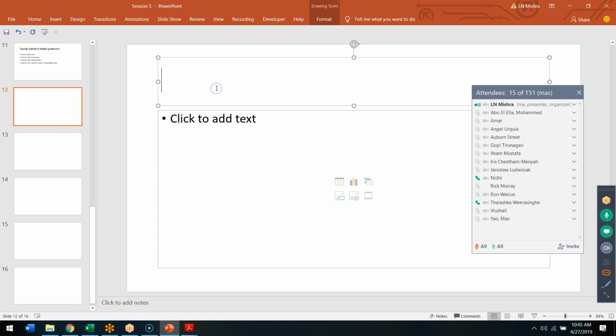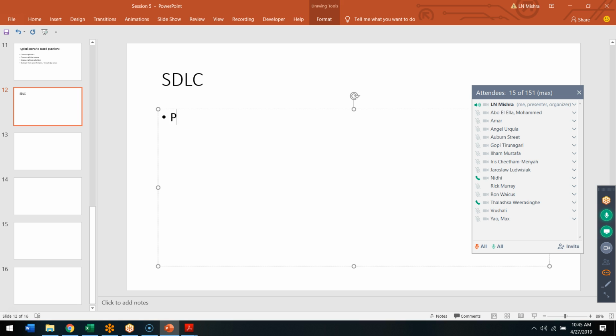If you remember your SDLC life cycle, the typical SDLC is plan, then requirements, then design, then code, then test, and then deploy and maintain.